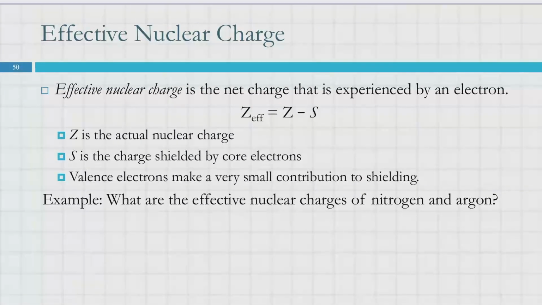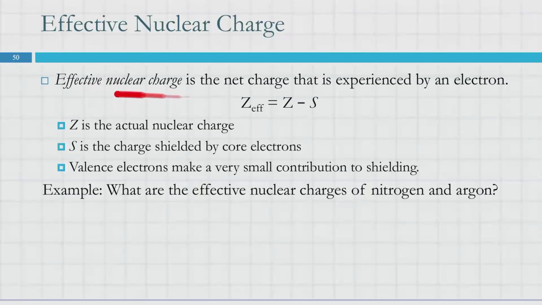I'm jumping the gun a little bit. So effective nuclear charge is the net charge that is experienced by an electron. And it has this formula, if you wanted to memorize the formula. I don't think I give you this one. So effective nuclear charge is the number of protons minus the core electrons.